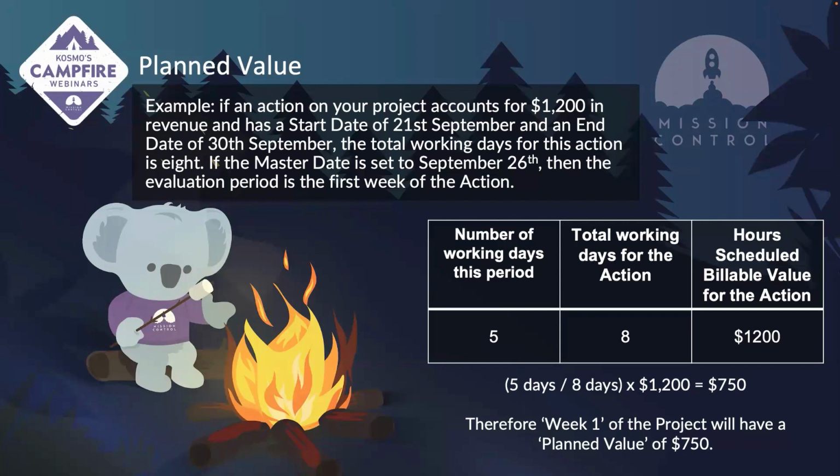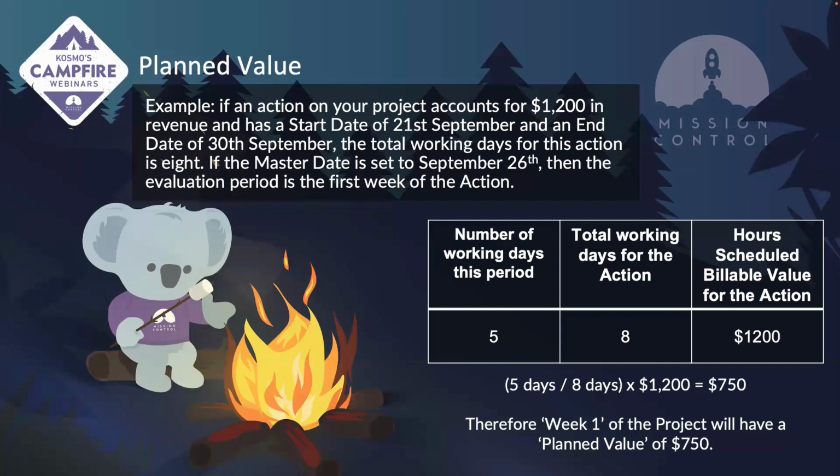If you were to select the master date for the September 26th, then the evaluation period is the first week of this action. So only the first 5 days would be evaluated for revenue. And to calculate this, we would take 5 divided by those 8 days and times it by our total revenue to be consumed, and that gives us $750.